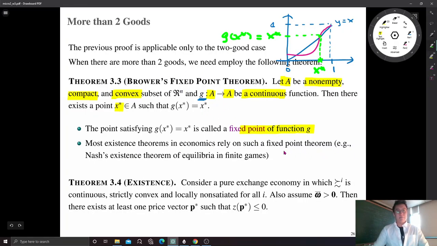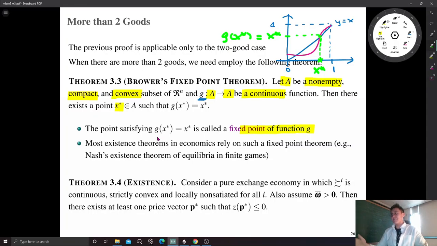So, for example, if you studied game theory or advanced game theory, you may have seen John Nash's original proof about the existence in finite games. So when there are a finite number of players, and each player can choose one of a finite number of actions.